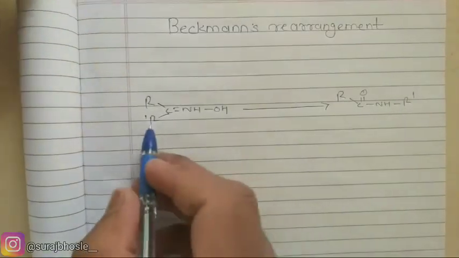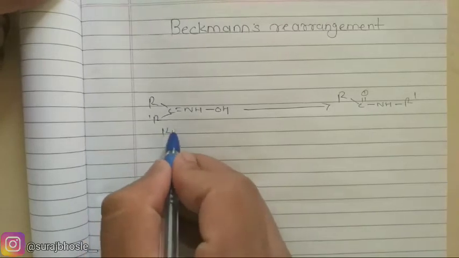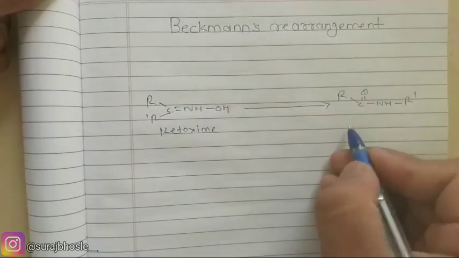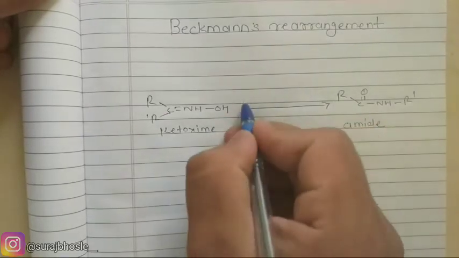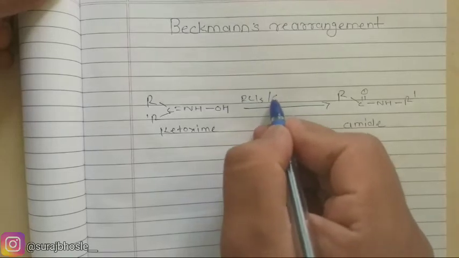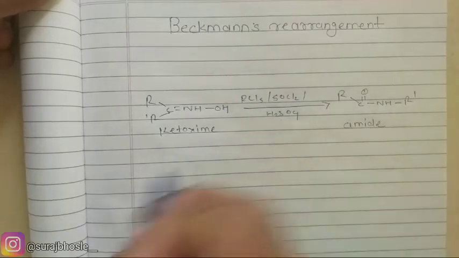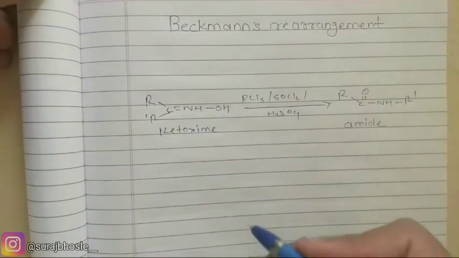So this rearrangement is going to take place from the ketoxime to amide in presence of PCl5, SOCl2, H2SO4. How this ketoxime is converted into amide, we'll see later on in the reaction.